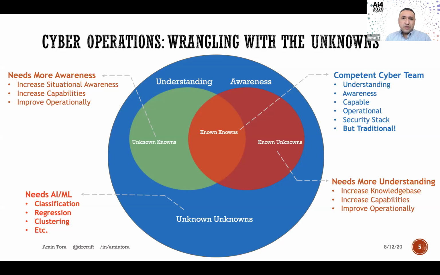It's still relying on the known knowns. And what's important is the unknowns, where the adversaries will utilize the unknown space to perform their attacks, their threats, tactics, procedures, and everything that they do, and new ways that they come up with.